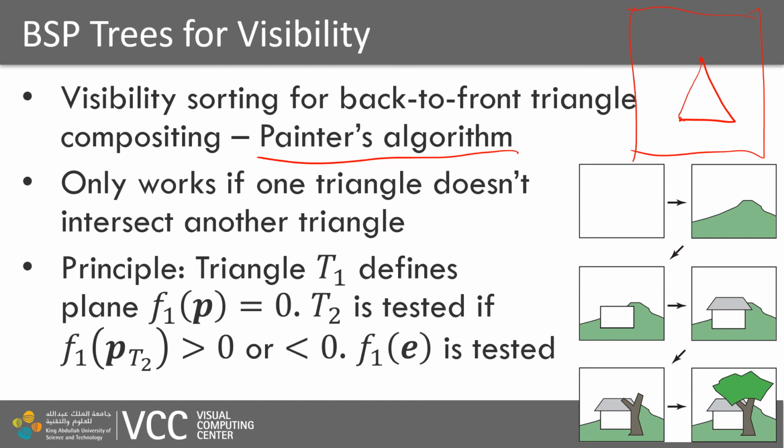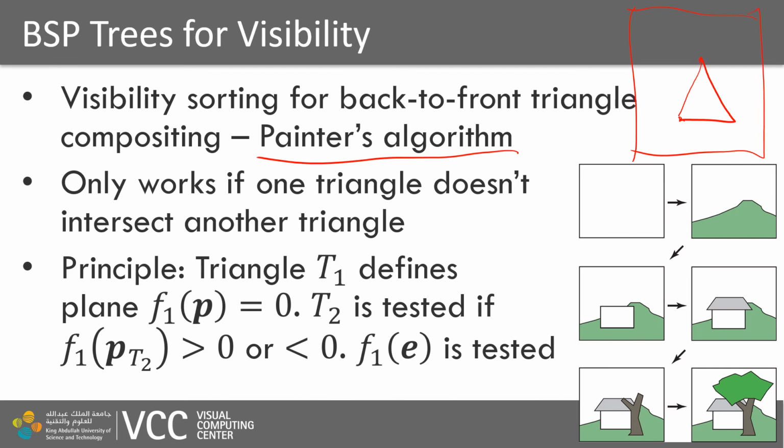So eventually we will be deciding whether a triangle should be rendered first, the triangle which is forming the plane, or the triangle forming the plane should be rendered first, and the other triangle should be rendered afterwards. And this is all view independent because we can evaluate the position of the triangle with respect to the partitioning plane defined by another triangle, and we can evaluate whether it is in front and whether it is behind.